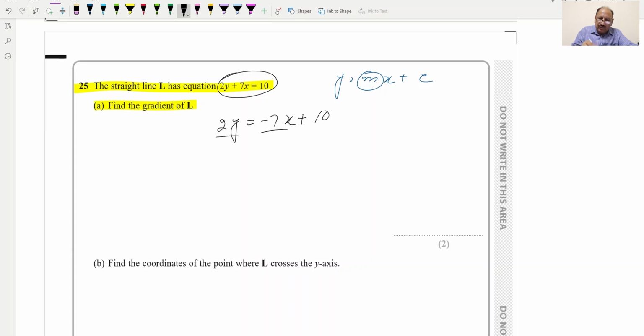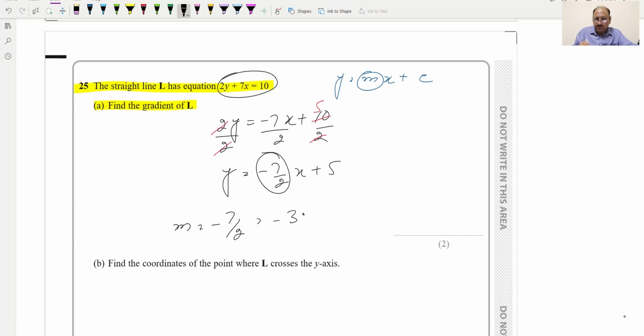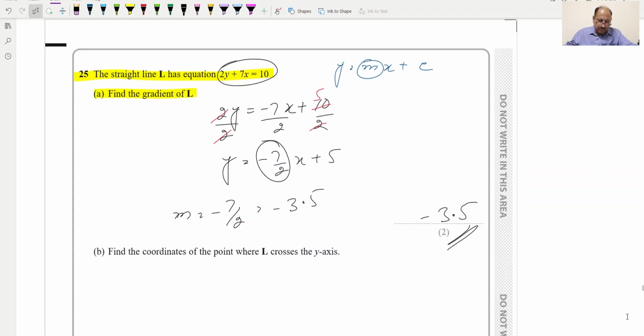Now we can divide everything by 2 and we will get rid of this 2, and we can cancel this also as 5. So our final equation will be y is equal to minus 7 by 2 x plus 5. So m will be equal to minus 7 over 2, which we can write as minus 3.5. So minus 3.5 will be the gradient, and this is for 2 marks.